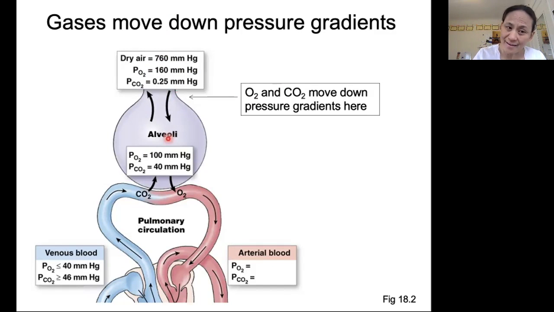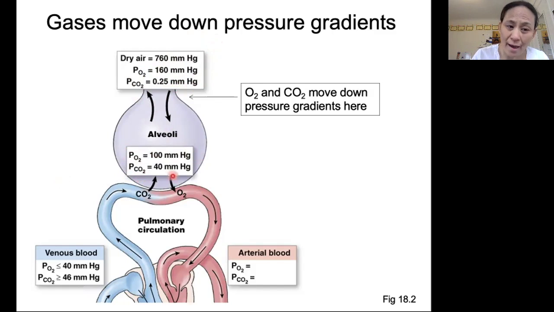What you can see is that in the atmosphere, PO2 is 160 millimeters of mercury. In the alveoli, PO2 is 100 millimeters of mercury. So oxygen is going to move down its pressure gradient from the atmosphere into our alveoli. Likewise, PCO2 in the atmosphere is 0.25 millimeters of mercury.